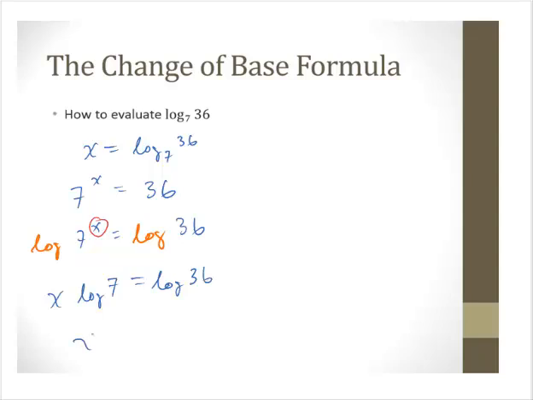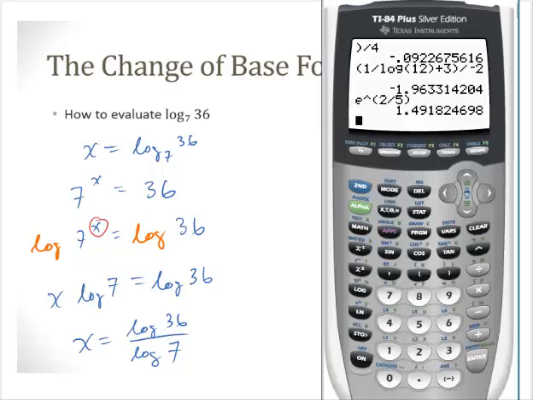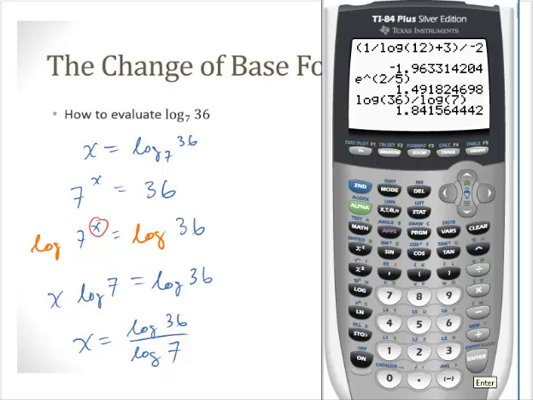And so then x would equal the log of 36 over the log of 7. Now, I can use my calculator to approximate this, and log of 36 divided by log of 7 is about 1.8416.